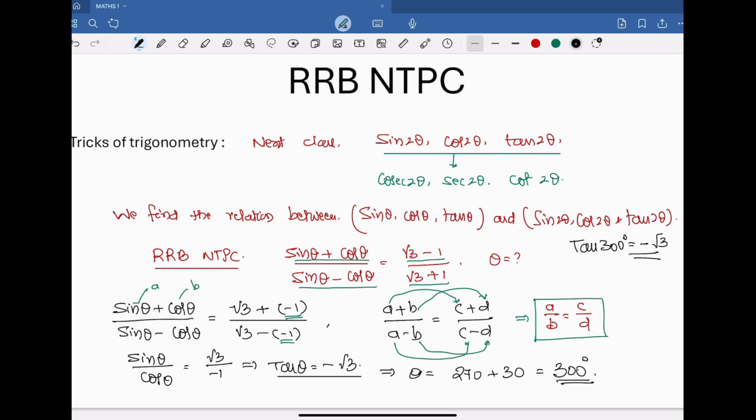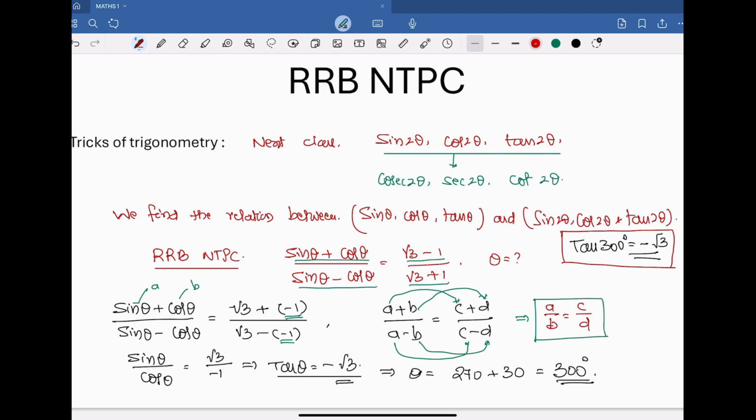Here tan is negative, so it is in the fourth quadrant only. Then theta is equal to 300 degrees. From this 300 degrees, you should be able to get the value of tan as minus root 3, tan 300.